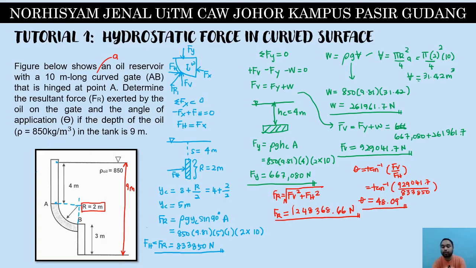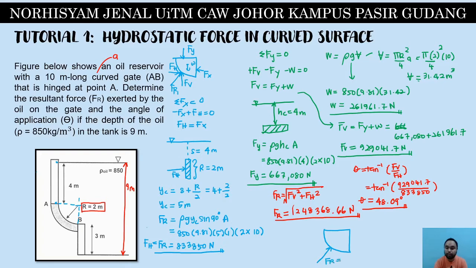Okay, so if you want to do the representation of the picture here, it will be equal to this picture. The volume is here, and then the Fr should be here.